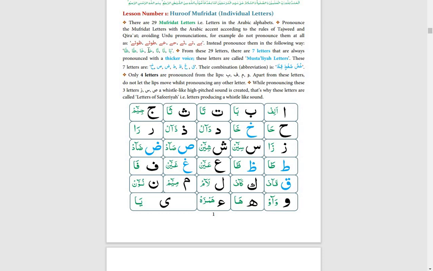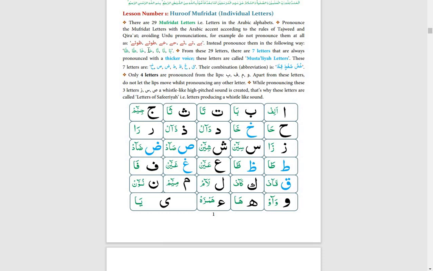Examples are given. Third, from these 29 letters, 7 letters are always pronounced with a thicker voice, and these are called Musta'liya letters. These 7 letters are mentioned in the lesson, and their combination is also mentioned.